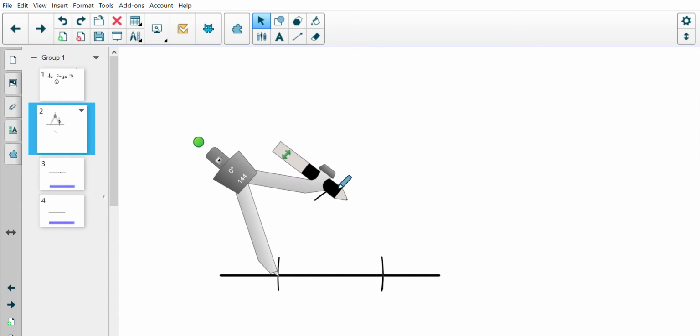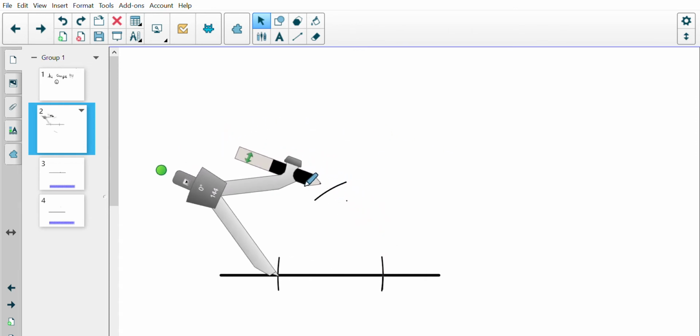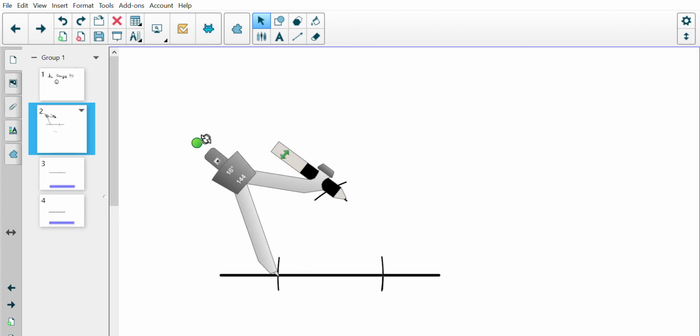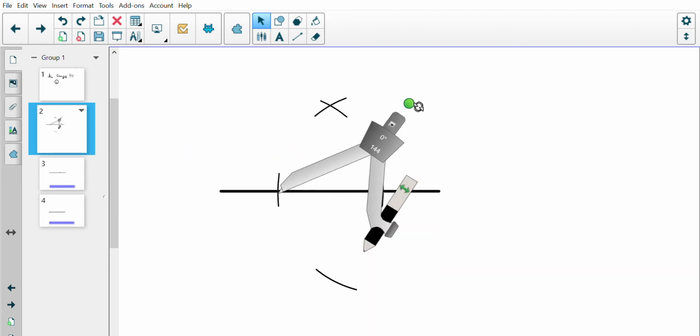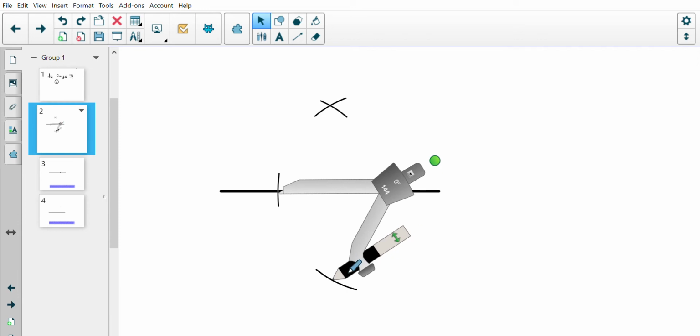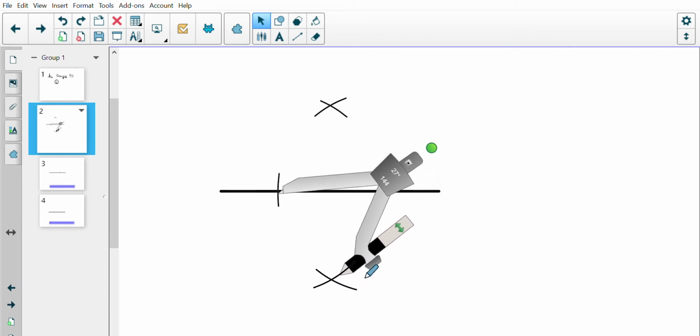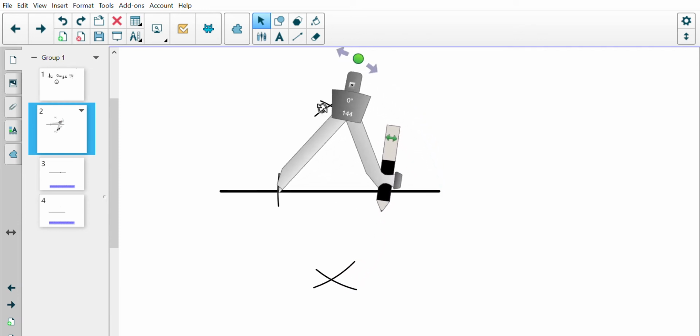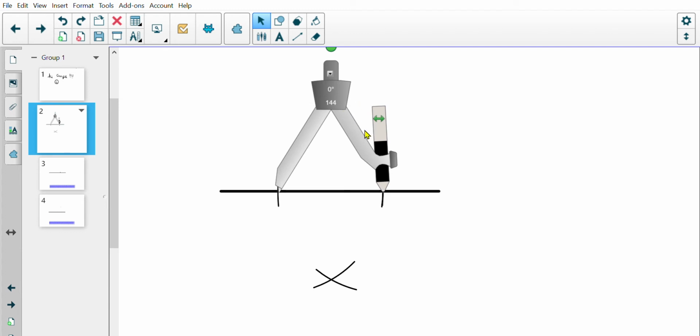Yeah, there was some issue. So you have to construct another arc intersecting your initial arc. That's done on the top and on the bottom as well. There you go, I've done it. So we've got two new intersection points.